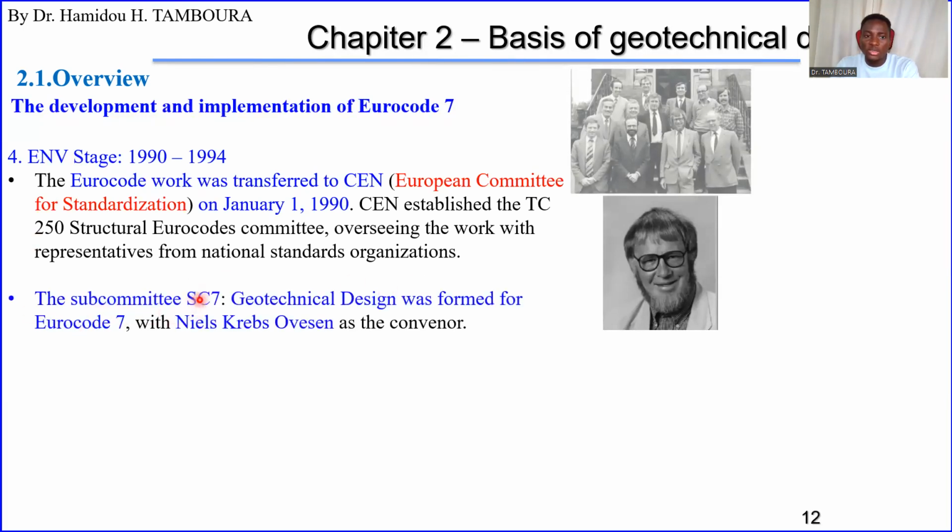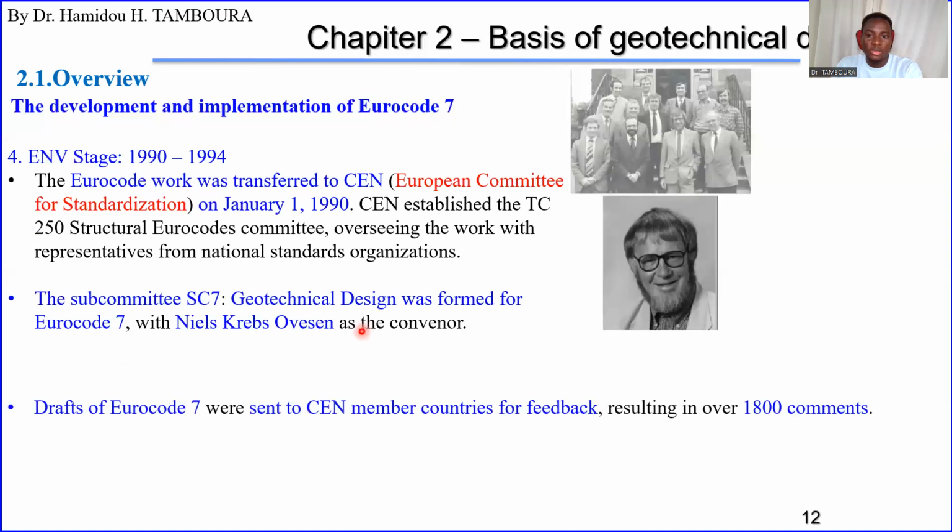So the subcommittee SC7, that subcommittee for geotechnical design, was formed for Eurocode 7, still including Professor Niels in Denmark.